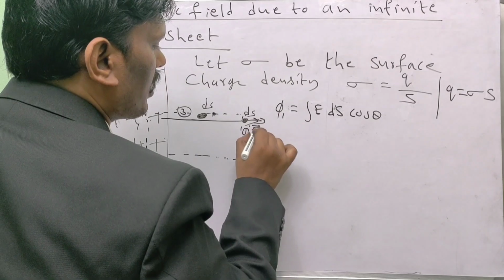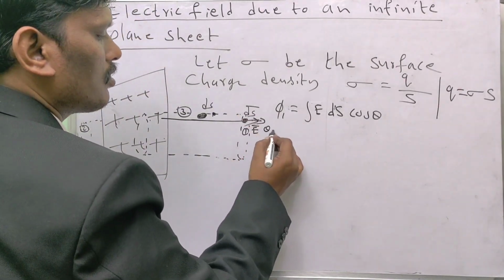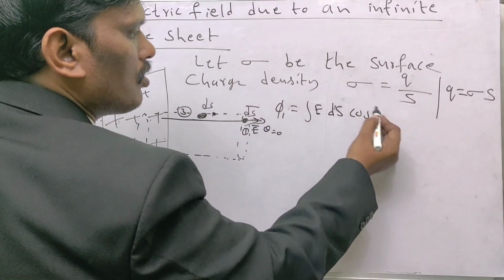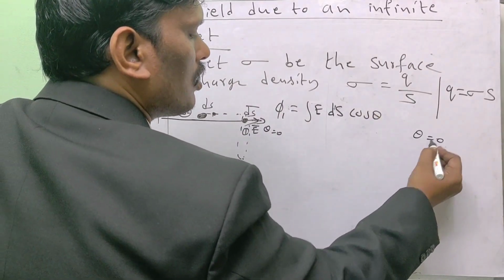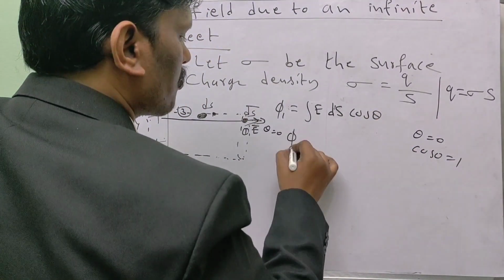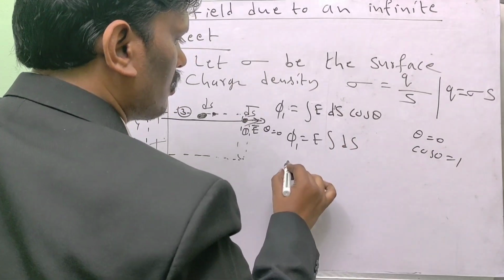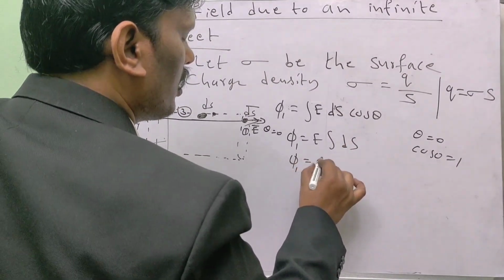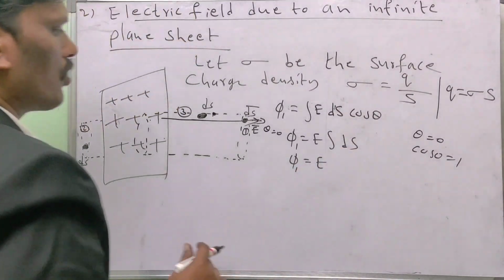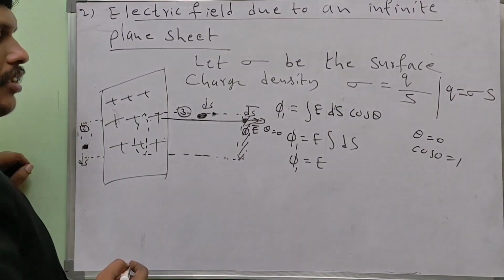Now E vector direction and ds vector direction are both the same. Then theta value is 0, then cos 0 value is 1. Then what is flux phi 1? Take E out as a constant, integral ds. Then phi 1 is equal to E into integral ds, which means the total surface area.